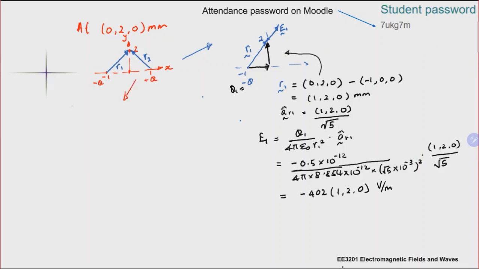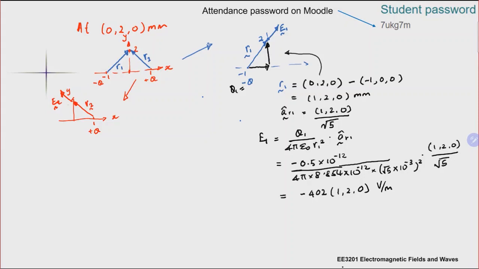The other one will be plus q with a vector R2 and our electric field E2.